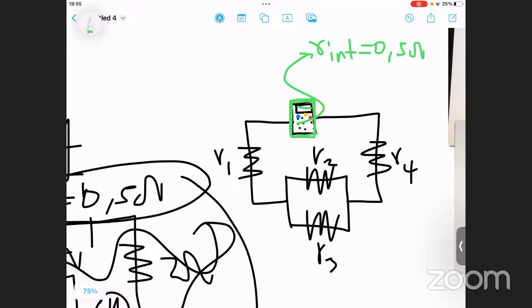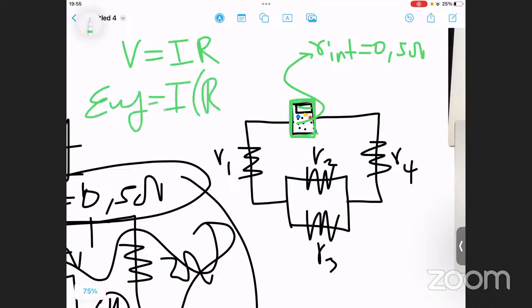And that's why this formula is no longer just V equals IR, but it is now EMF. Why? Because we now have this R int. So you have V as a result of external resistors, which you must also add to V as a result of the internal resistor.